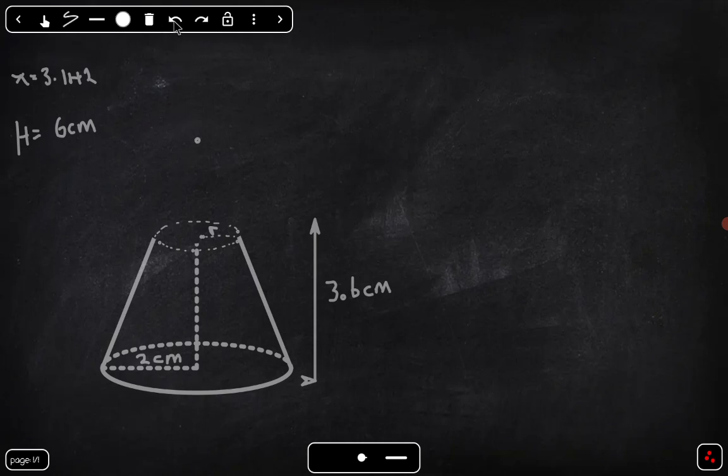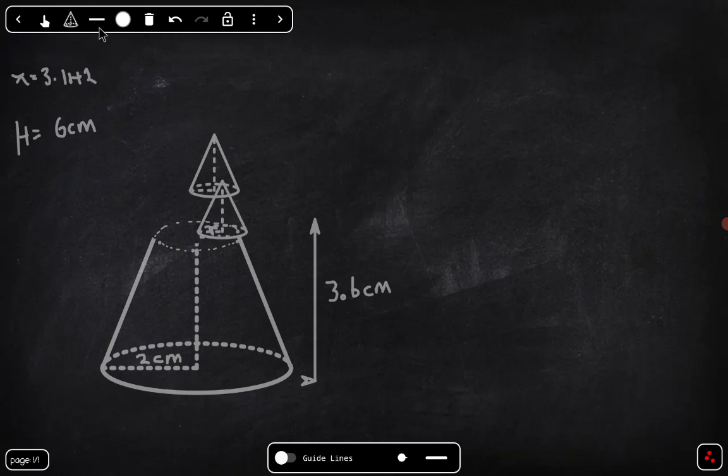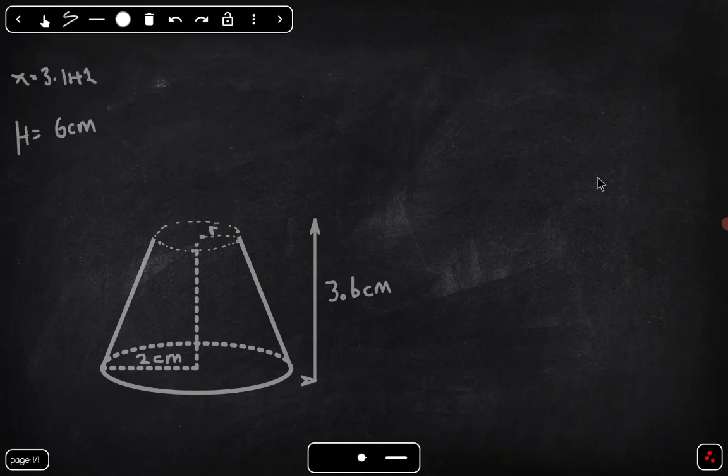So this cone was cut from something. That much we know. It was just cut like this.